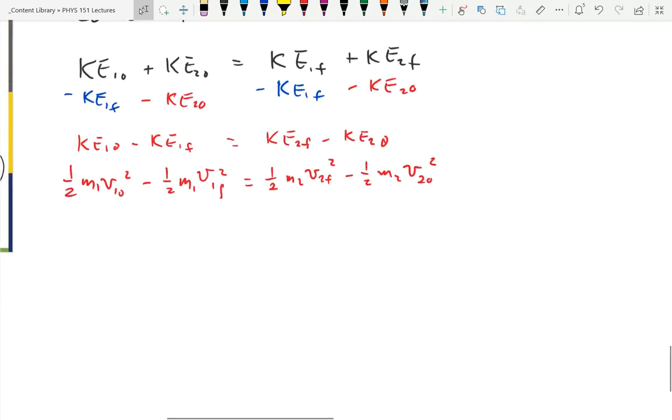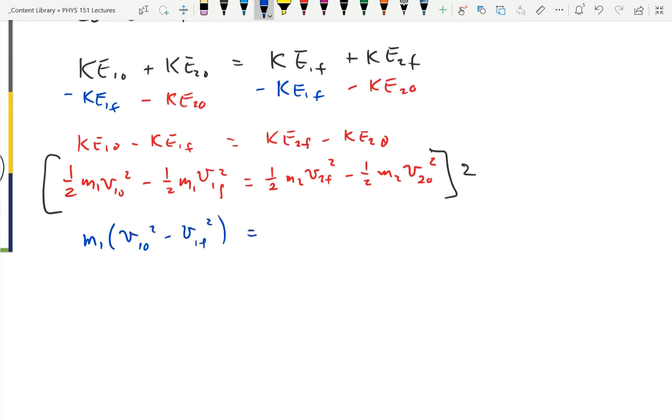So I can first multiply everything by 2 because you would be crazy to keep 1/2 in every term. And then I'm going to factor the m's as you said. So I'm going to have m1 times v1 initial squared minus v1 final squared equals m2 times v2 final squared minus v2 initial squared.